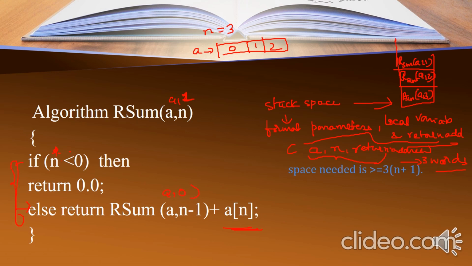So again it is going to call R sum a comma 0. And remember, it is going to make an addition. First time it is going to make an addition with a of 3, next time a of 2, next time a of 1, finally a of 0. So it is going to perform the addition.